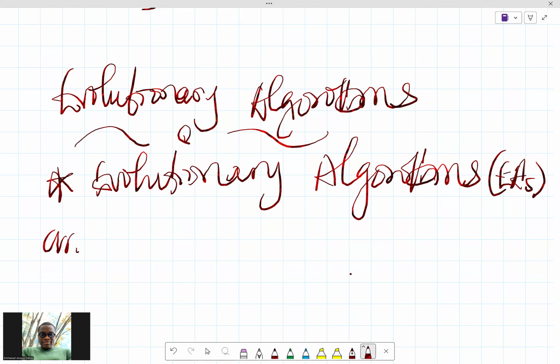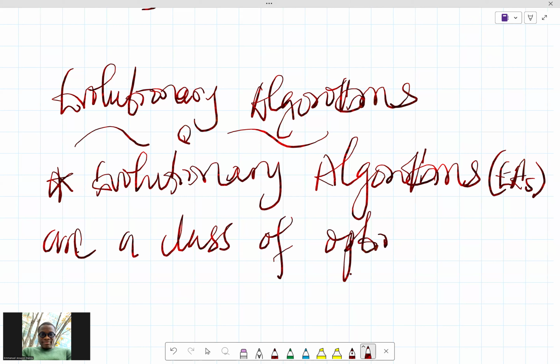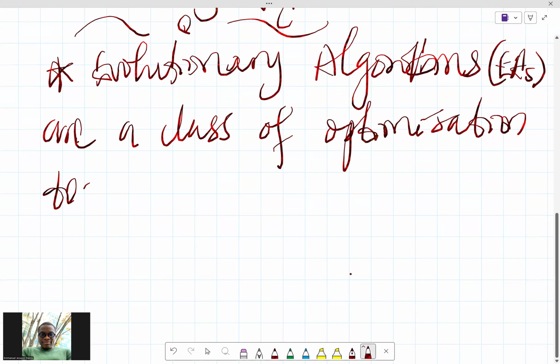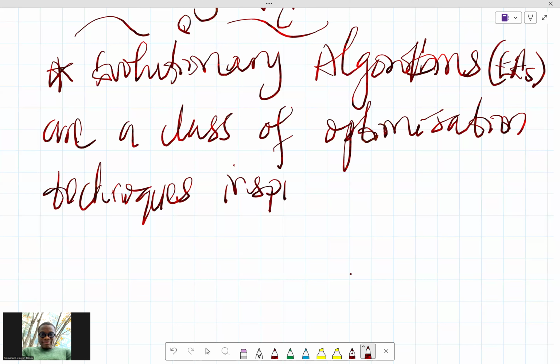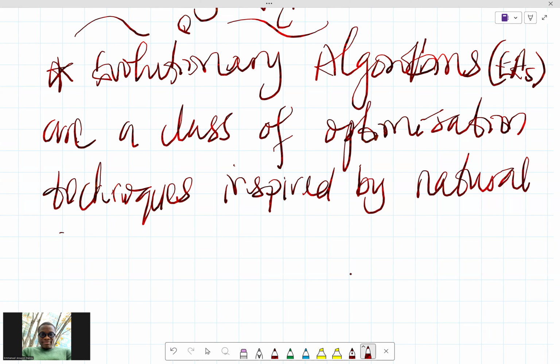They are a class of optimization techniques inspired by the biological idea of natural selection. That's why it is evolutionary, inspired by natural selection.